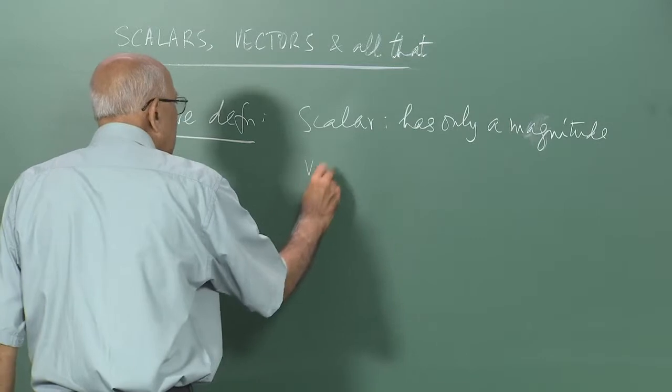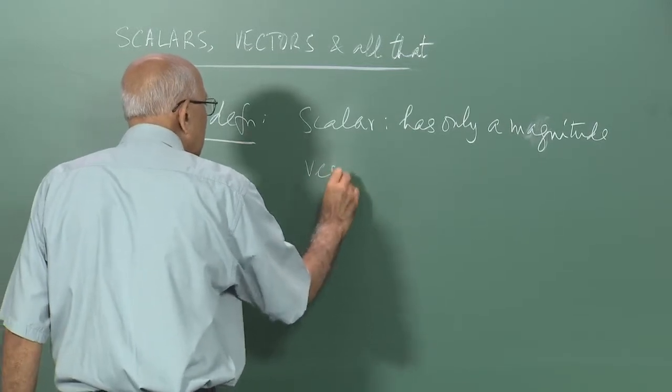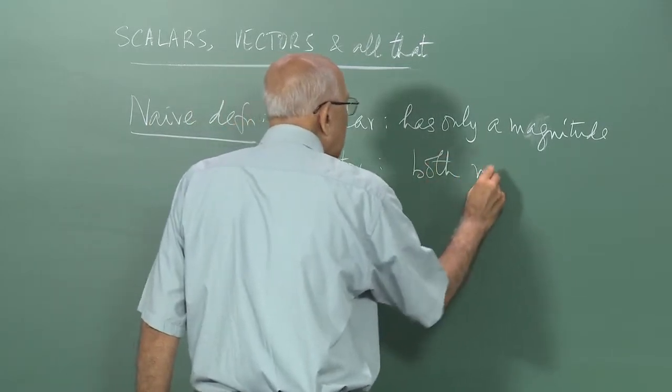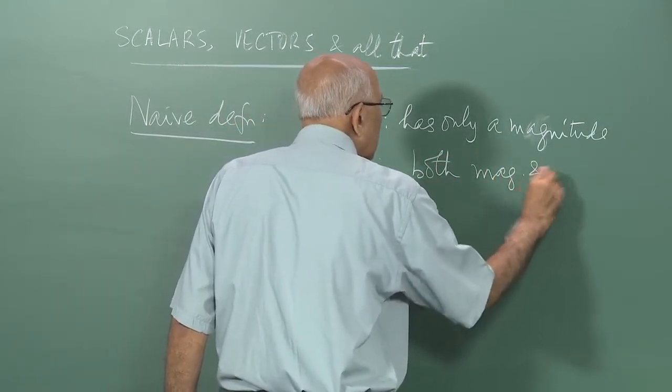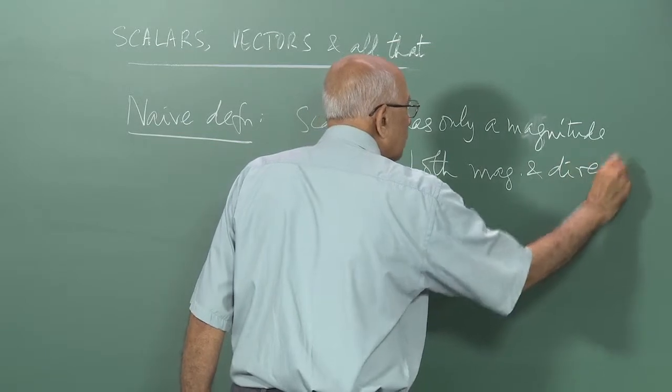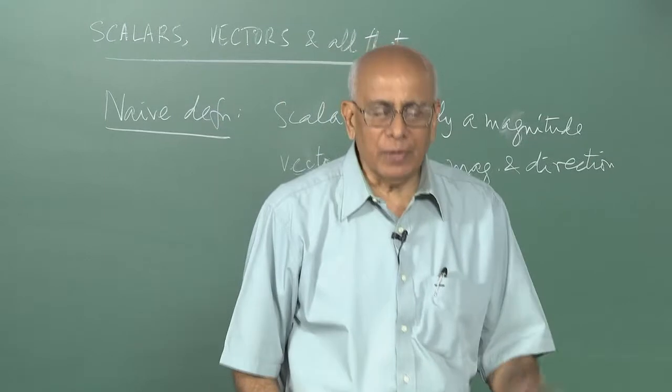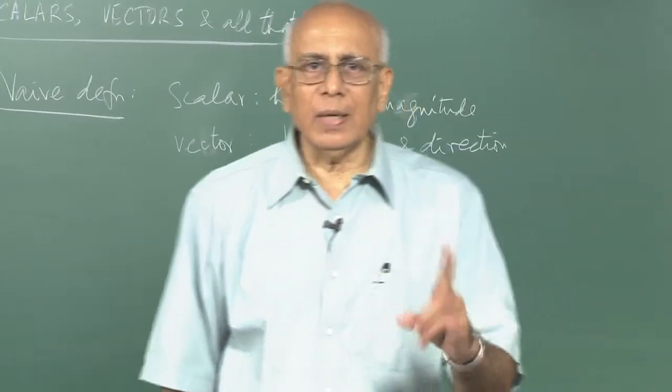On the other hand, a vector has both magnitude and direction. I am going to right away puncture these definitions by saying they are not adequate, they are not enough.